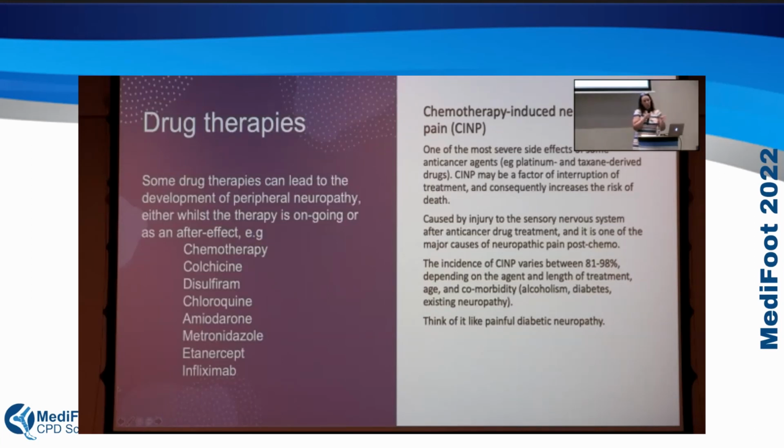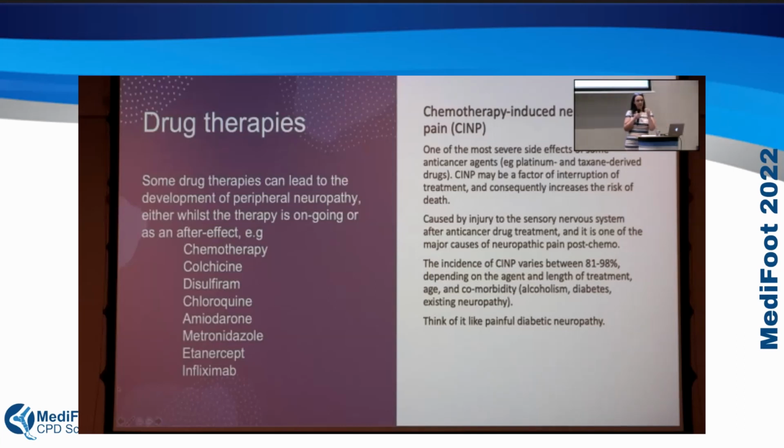Okay, so whilst they're having the chemotherapy, about 80% will show neuropathic change. Once chemotherapy is finished, about 50% of patients will have permanent long-term neuropathic change. And it's something that I wasn't aware of till a few years ago. So bear in mind that it's the same kind of presentation as painful diabetic neuropathy.